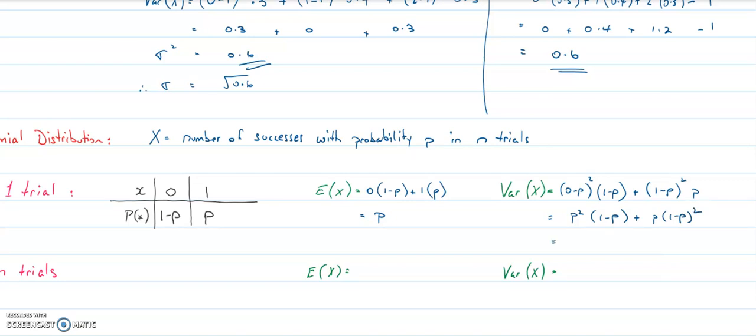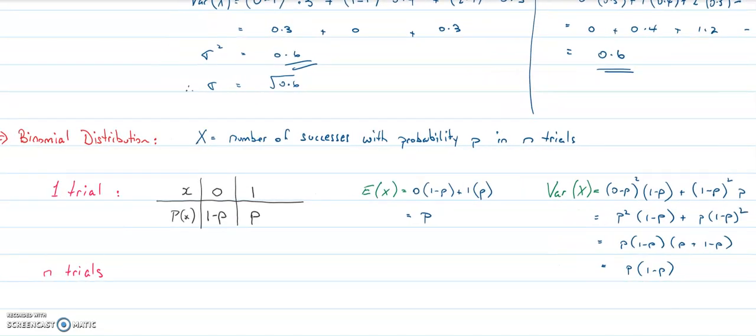Taking out the common factor of p(1 minus p), I get p plus 1 minus p. Now the minus p and plus p cancel, we're just left with 1 here, so I'm just left with p(1 minus p). Okay, so my expected value of x is p, my Var(x) is p(1 minus p).